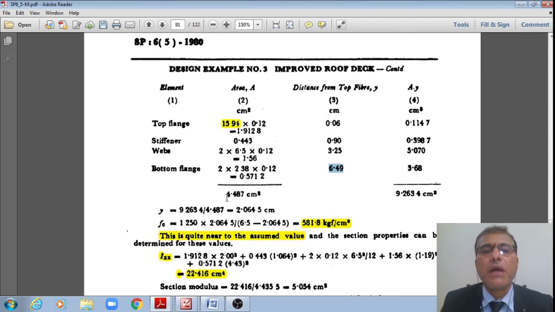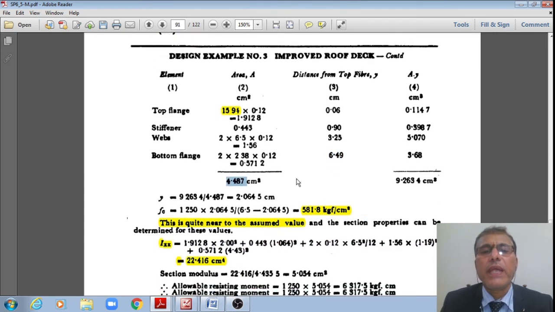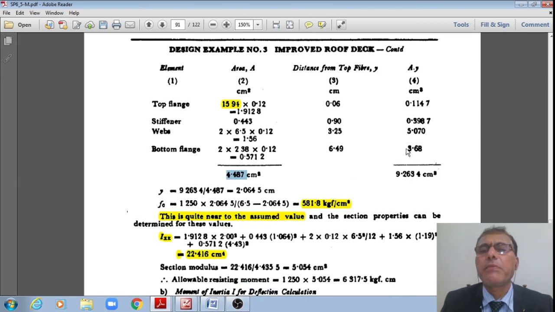Therefore, the summation of all the areas is equal to 4.487 centimeter square, and the summation of A multiplied by Y is equal to 9.263 centimeter cube. Therefore, where the CG of this flange lies is equal to summation of AY divided by A. It works out at 2.064. Therefore, what is the compressive stress at that level?